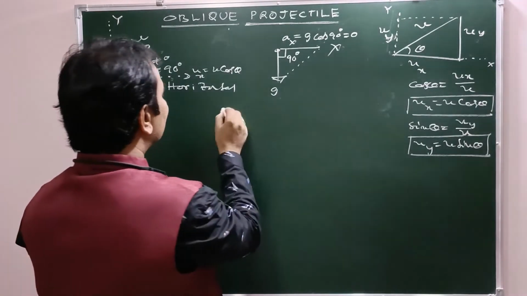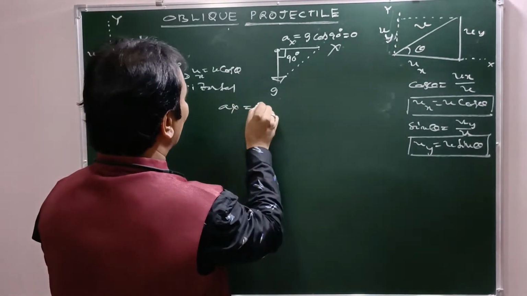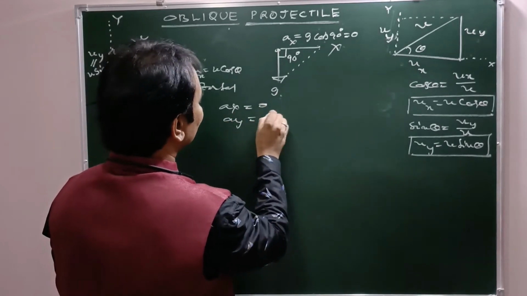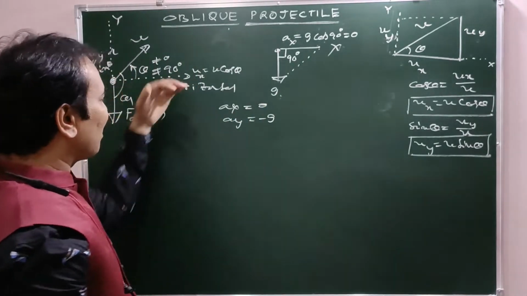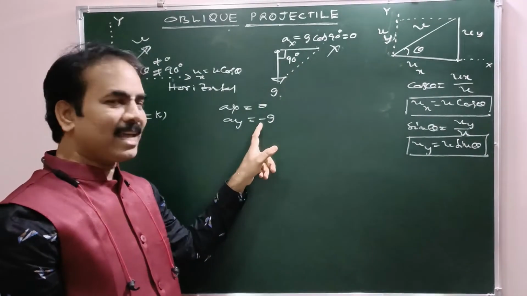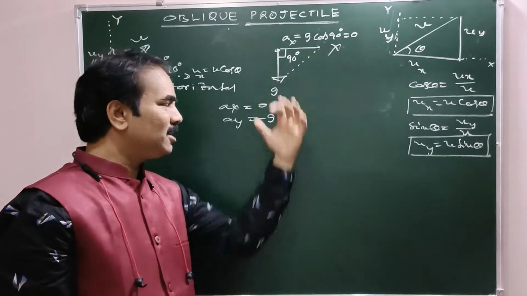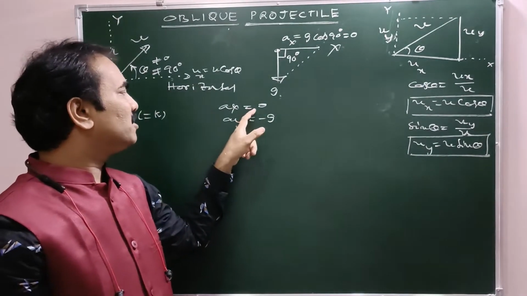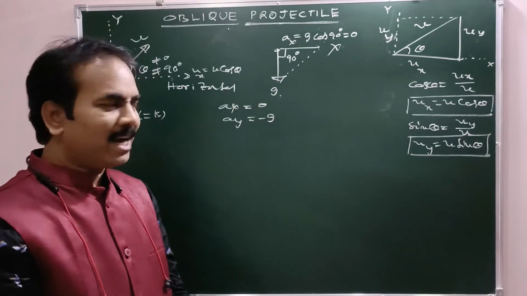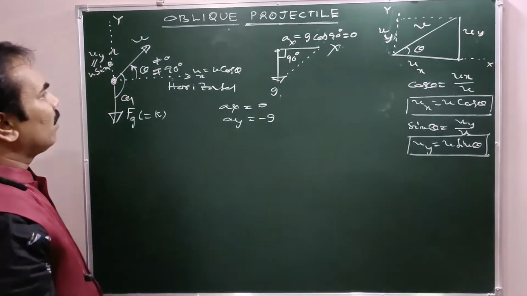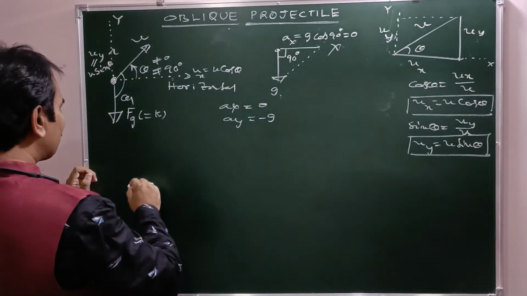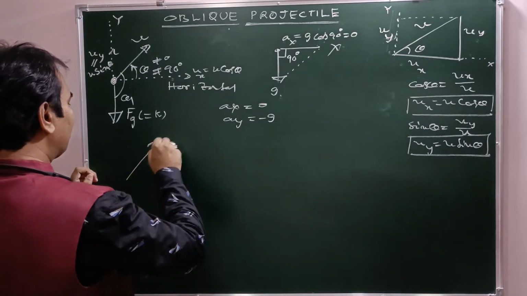So ax equal to 0, ay equal to minus g. Why? Because g is always downwards, towards negative y-axis. So ax 0, ay minus g. Am I right?